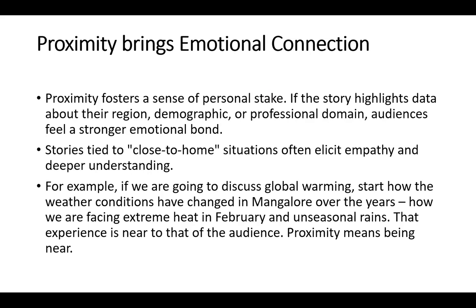For example, this year, February is very hot. And last year we had unseasonal rains. Now connect that to global warming, people are likely to pay interest. So bring it near the audience, the experience very close to the audience. Then discuss the global issues. That is how proximity is used as a principle in data storytelling.